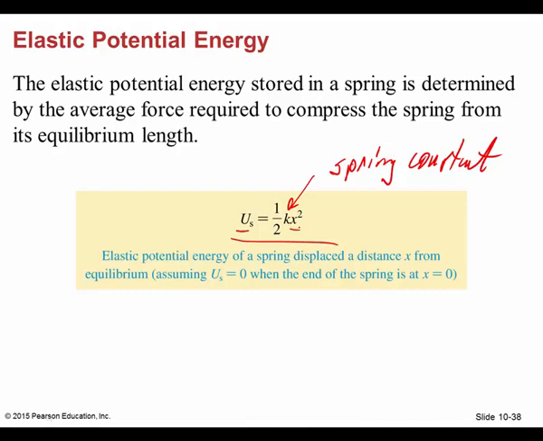And of course, X is the change in displacement. So there's another equation. This is elastic potential, U subscript S, that you can add to it. And yes, the units are still joules, y'all. Anytime we're dealing with energy or work, it's joules. Everything is in joules.